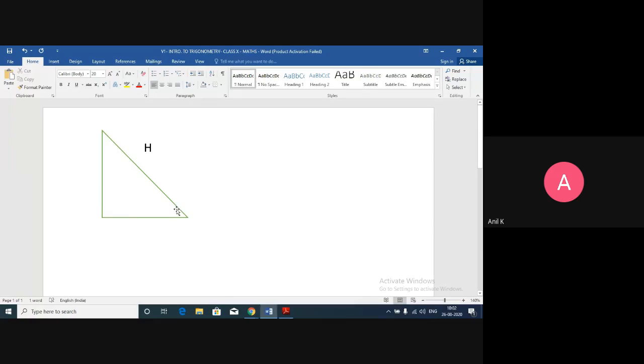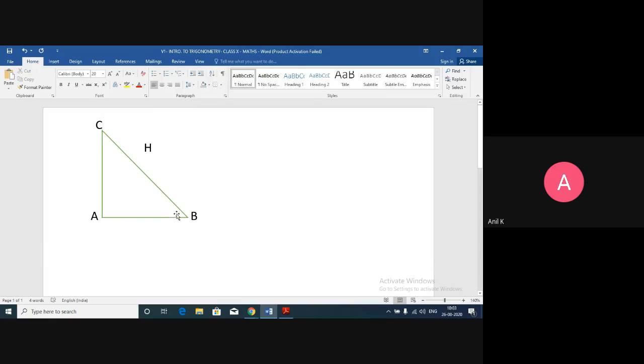And if I take this angle as theta, for example, here, if you want to name them, maybe this is A, then we put this as A, and let me put this as B, angle A, angle B, and this is angle C. This is the right angle triangle ABC, right angle at A. So, this is the hypotenuse we call.